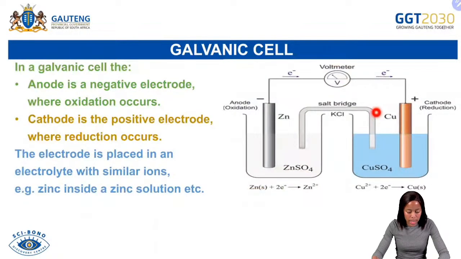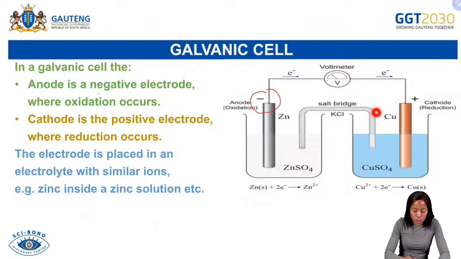Okay, then it says in a galvanic cell, the anode is a negative electrode. So very, very, very important. You need to know if they ask about the polarity of this electrode. They're asking, is the anode negative or is the cathode negative or positive?